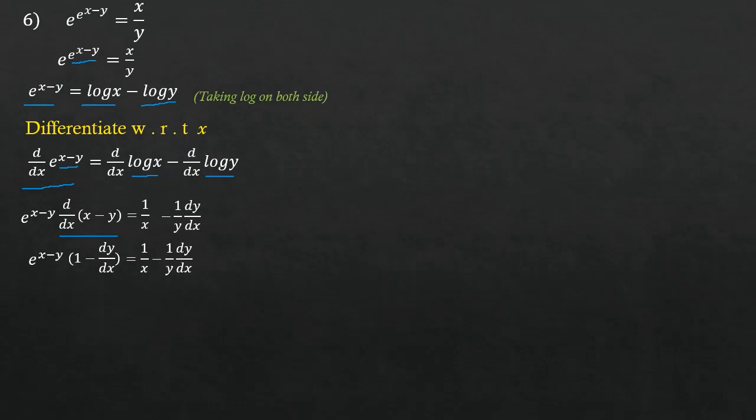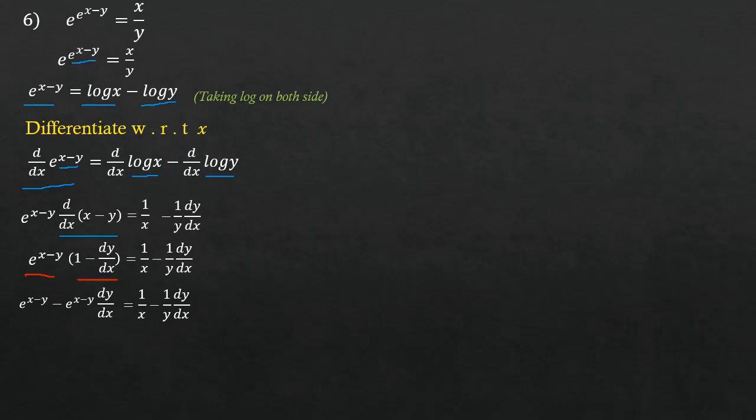Before simplifying, be careful, multiply this e raised to x minus y inside this bracket and then recollect the terms. So we are getting e raised to x minus y minus of e raised to x minus y into dy by dx is equal to 1 upon x minus 1 upon y into dy by dx.